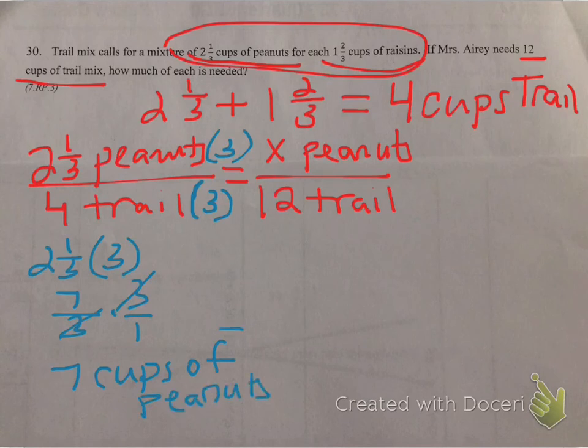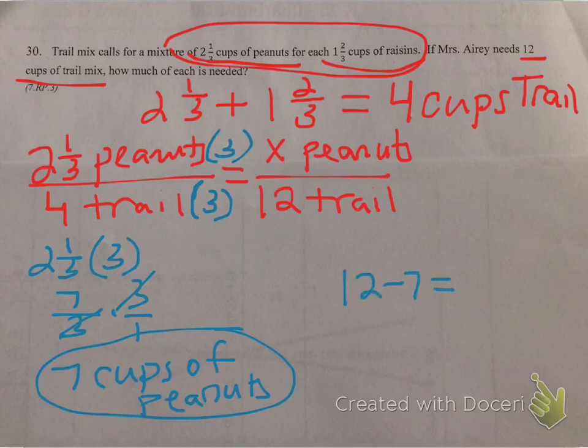And I could use the same proportion to find the raisins if I want, or I could just do 12 minus 7 to get 5 cups of raisins.